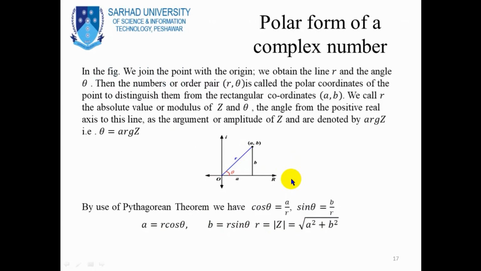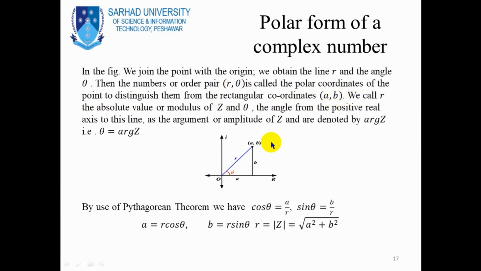Now, polar form of a complex number. In the figure you see over here, we join the point with the origin. We obtain the line R. This is the line R and the angle theta for the complex number a plus iota b. Then the ordered pair R, theta is called the polar coordinates of the point, to distinguish them from the rectangular coordinates a, b.